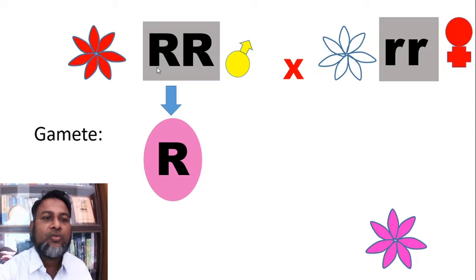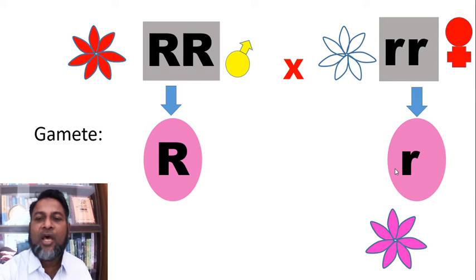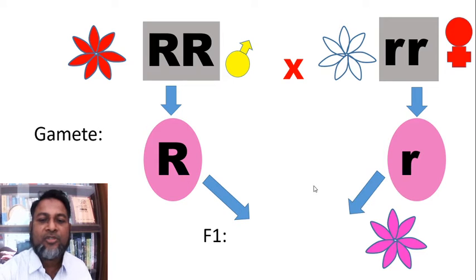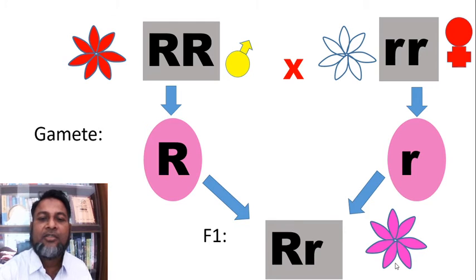From the two capital R, one capital R goes to the male gamete. From the two small r, one small r goes to the female gamete. In fertilization, capital R and small r combine and produce the genotype capital R small r. Its flowers are pink flowers. This is exceptional.